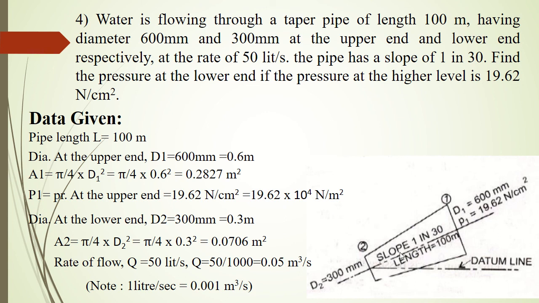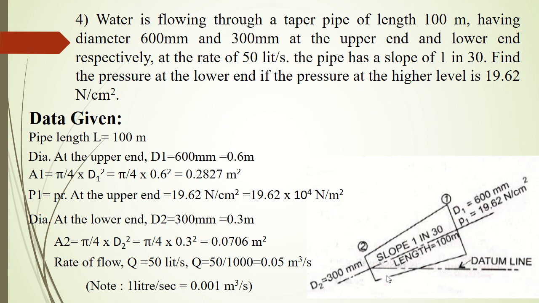So what is slope? Slope is nothing but vertical by the length. The slope is given as 1 by 30 and the length of the pipe is 100 m, right? So I know the slope is nothing but tan theta.